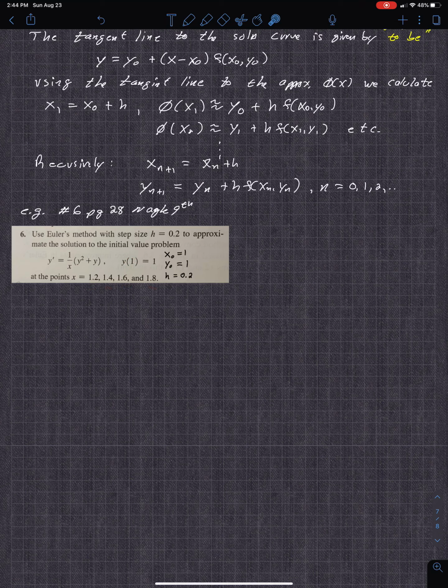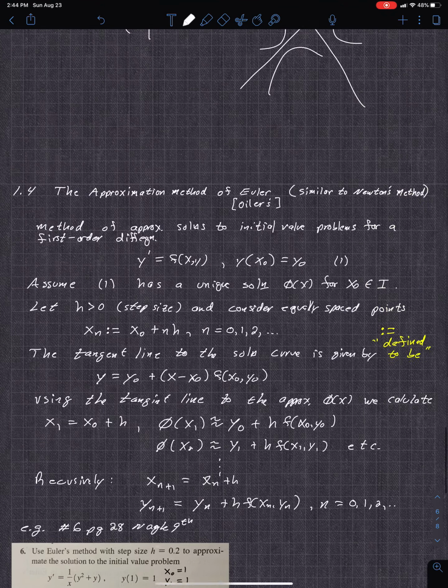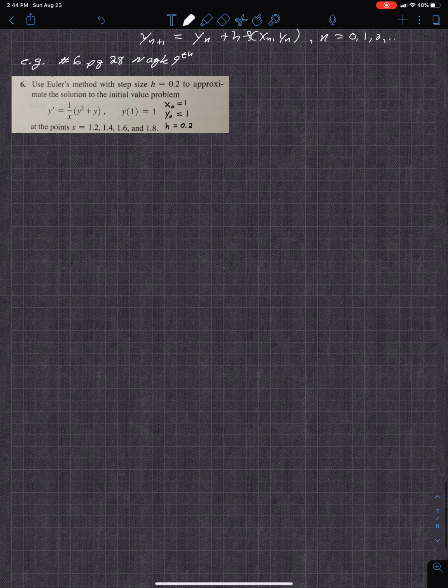I'll do a couple and then I'll just show you the result. What you get then is x1 equal to x naught plus 0.2, which is 1.2.